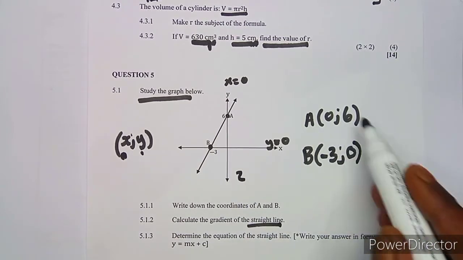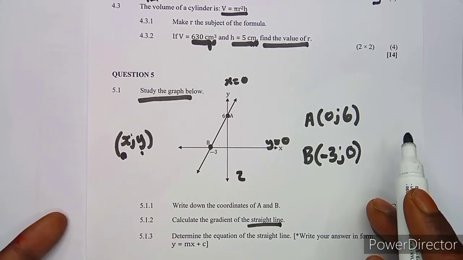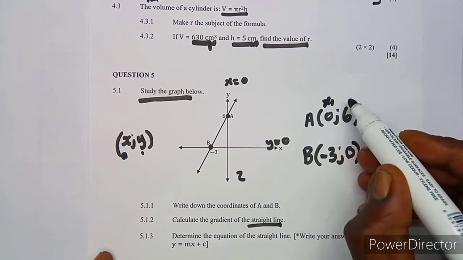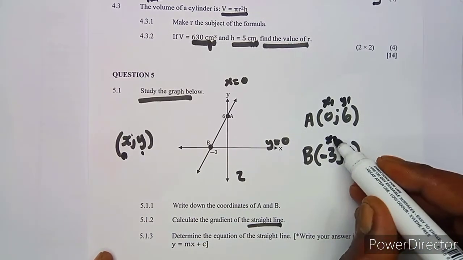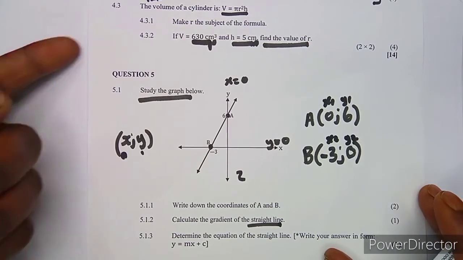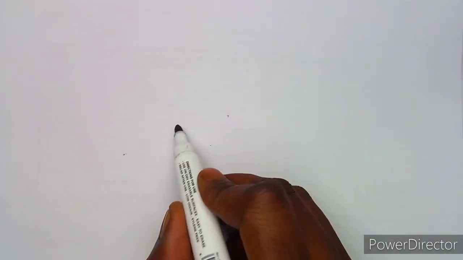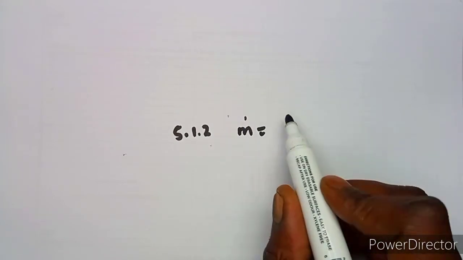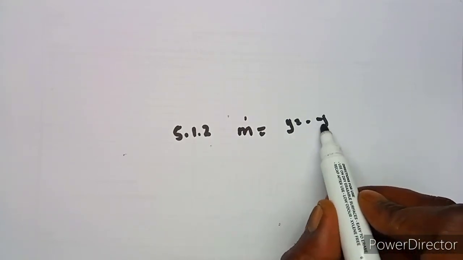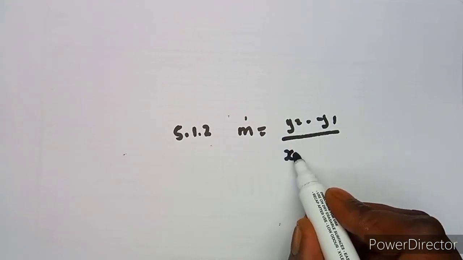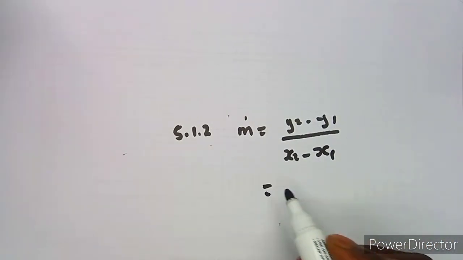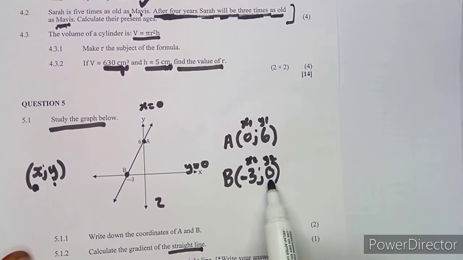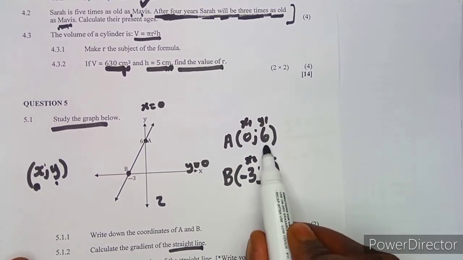But we can actually apply the points, okay, because this is your x1, y1, x2, y2. And remember that gradient, m, is equivalent to y2 minus y1 over x2 minus x1, so which is y2, that's 0 there, minus 6.